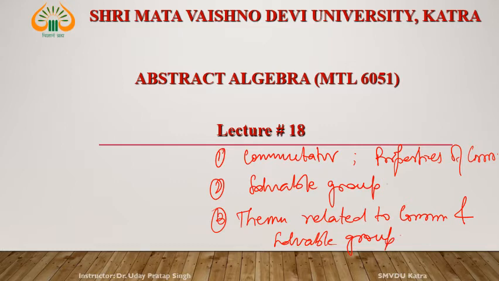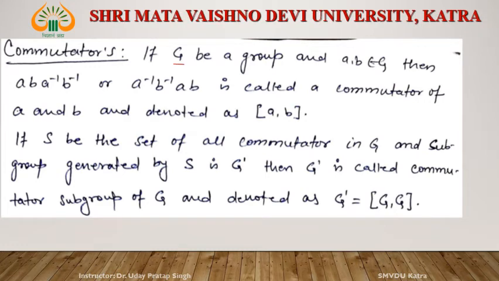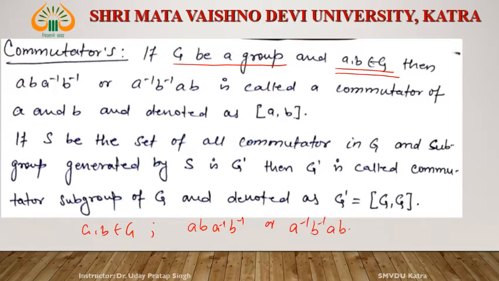So first let us see what is a commutator. If G is a group and a, b are any elements of G, then consider an element of the type a b a inverse b inverse, or a inverse b inverse a b.